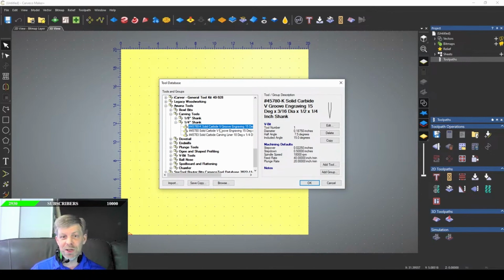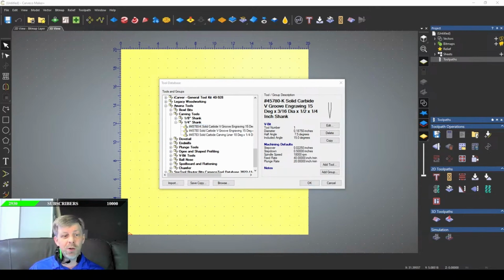They buy a machine, they buy some bits, they look at what the manufacturer says, they look at what the software says, and sometimes there's a variance between what the manufacturer says and what the software says, and the manufacturer's lists are also not machine specific.